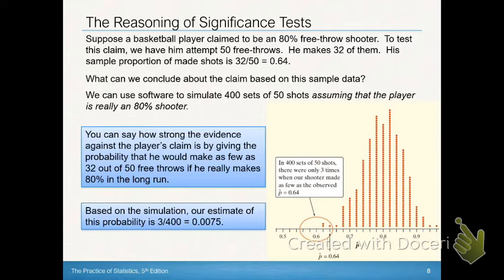And we see that there are only 3 times out of these 400 trials where we got results like ours or even more extreme. So they made 64% of their shots or even less. That gives us a probability of how likely that event is to happen. We saw that this happened about 0.75% of the time. So that's a pretty small value.